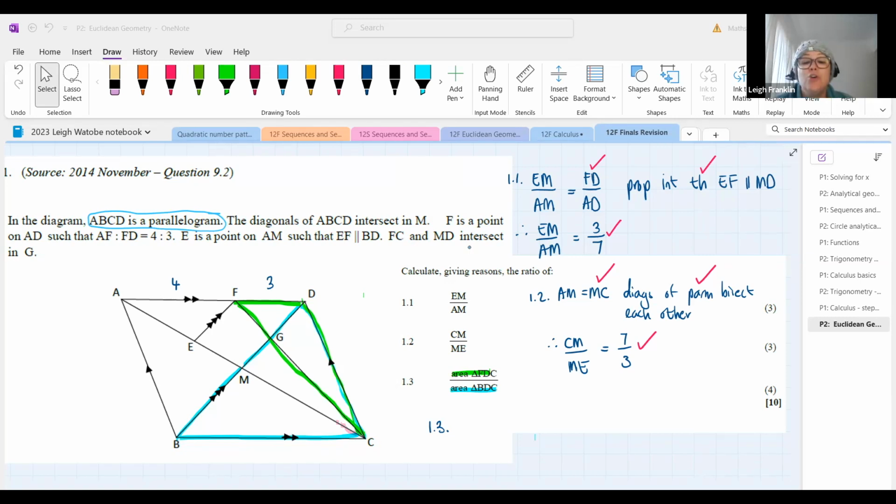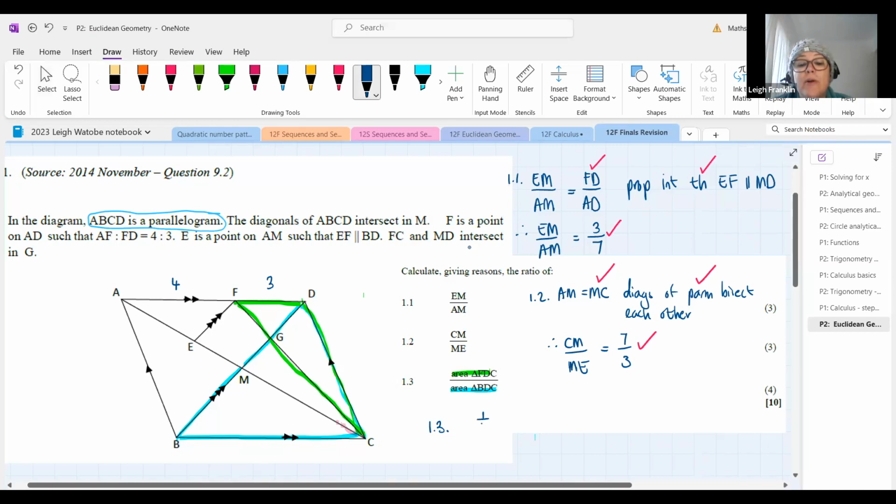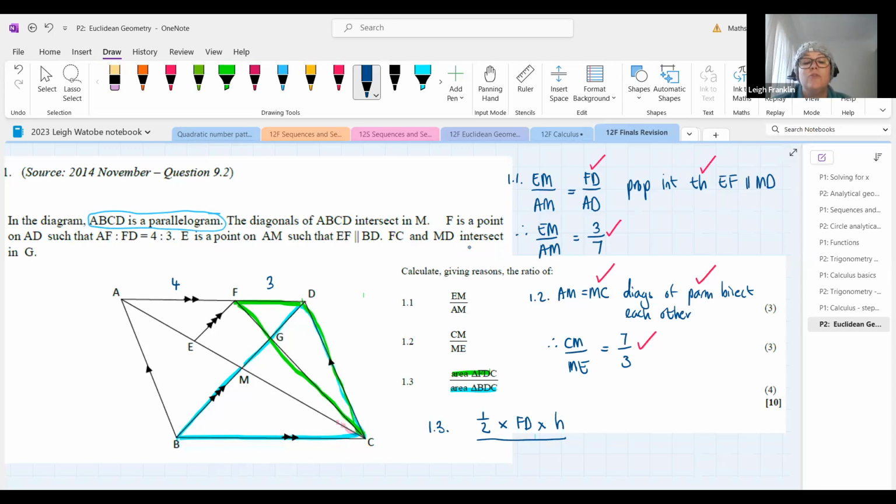Okay, all right. So let's talk about triangle FDC first of all, right? So at the top, we're going to write half times its base, right? So its base would be FD times the perpendicular height. Then as far as triangle BDC is concerned, that's also half base. The base would be BC and the perpendicular height would be the same.